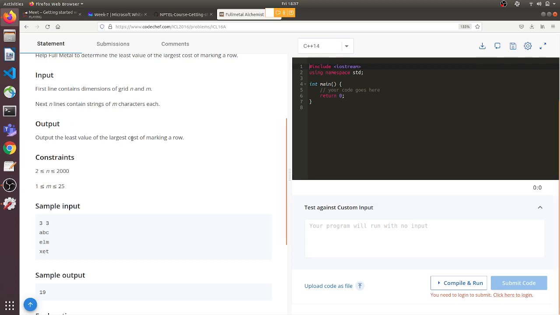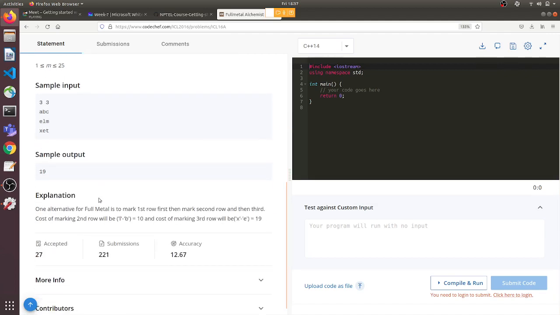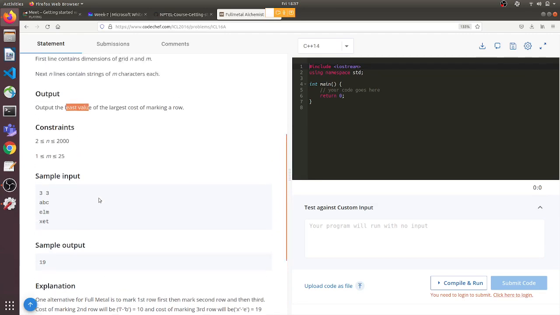Largest cost only means the edge weight, so we have to output the least value. So is it something like finding the maximum weightage? Okay. Sorry.